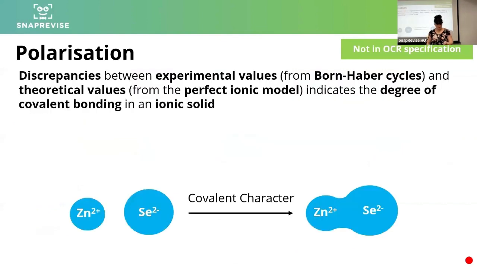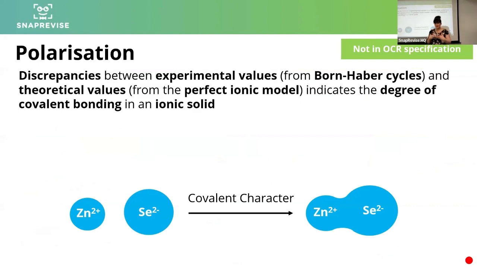Let's keep going. We can tell when there is covalent character because we can see the discrepancy between experimental values from Born-Haber cycles and theoretical values from the perfect ionic model, which we get from data books. The difference between these two values tells us the degree of covalent bonding.